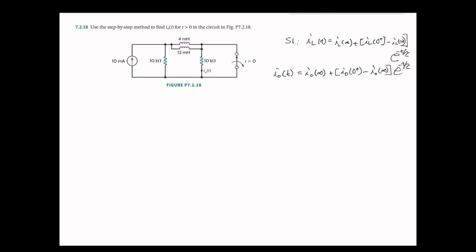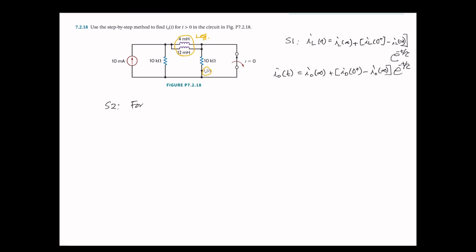So we have I sub 0 right here, and then I sub L goes here. We can combine these two as an L equivalent, and we'll combine them later when you calculate the tau.